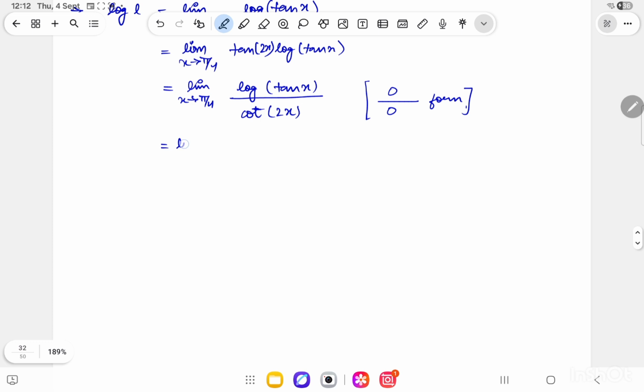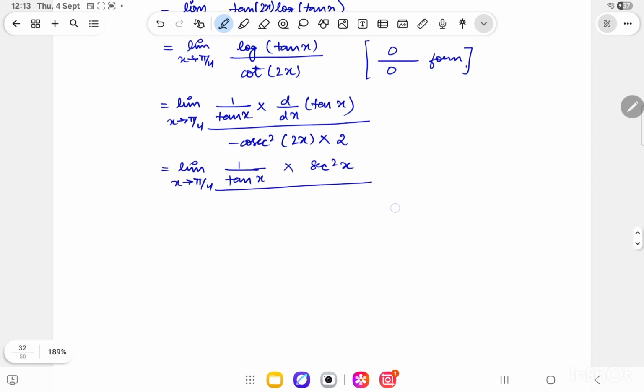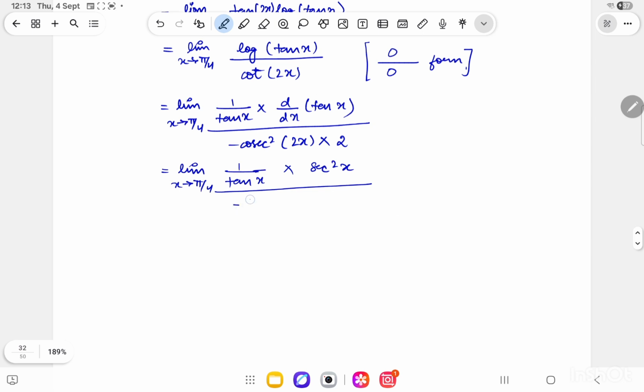So I'll be getting a limit x approaches pi by 4. So if I apply L'Hopital rule here, I'll be getting 1 upon tan x into derivative of tan x upon derivative of cot 2x, so that is minus cosec square 2x into derivative of 2x, that is 2. This will be equals to limit x approaches pi by 4, 1 upon tan x into derivative of tan x is sec square x, divided by minus 2 into cosec square 2x.